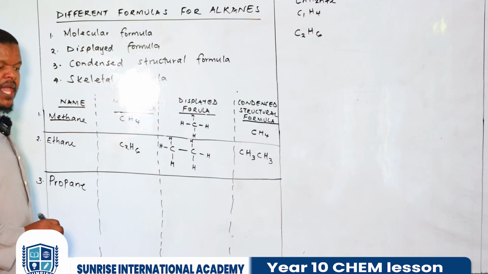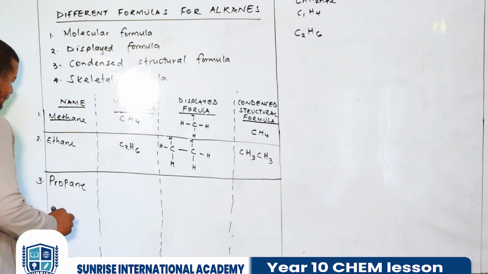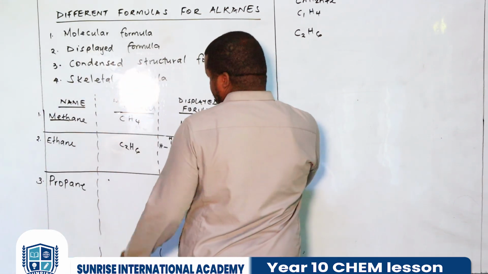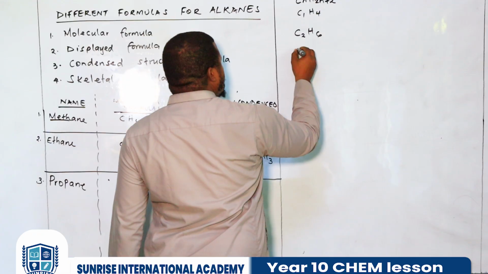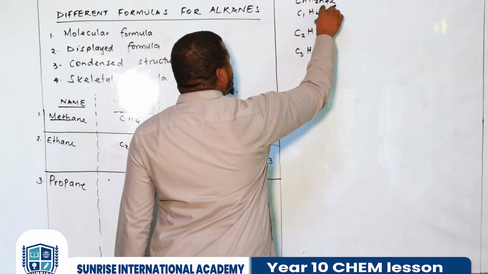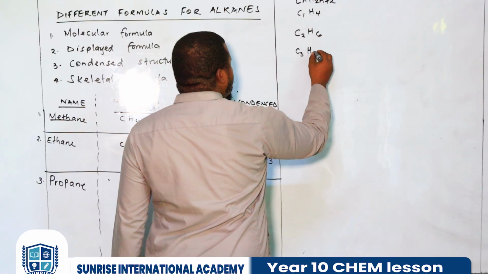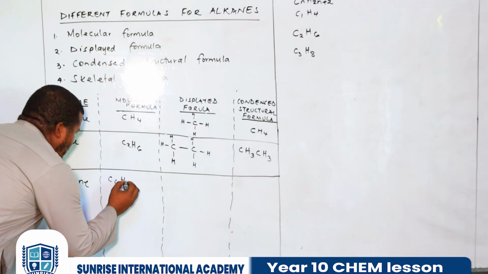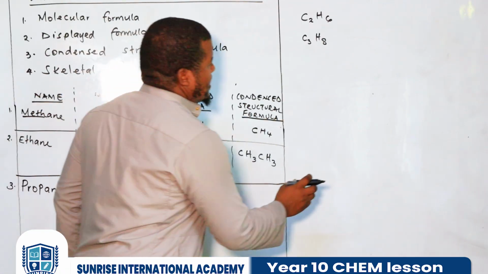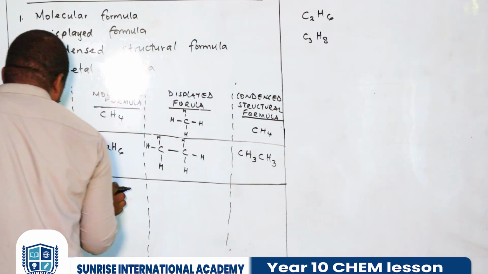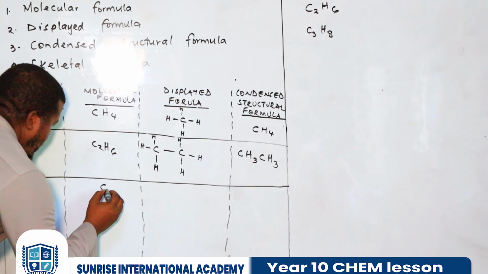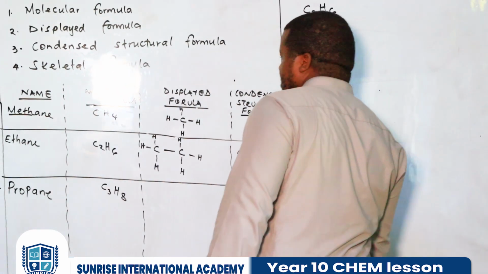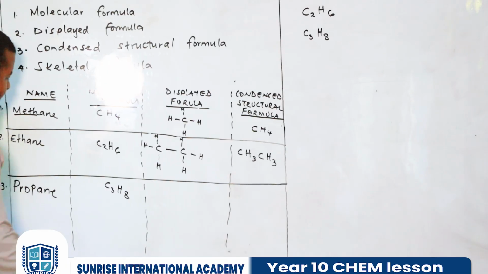So for propane, let's come up with the molecular formula. n is 3, so C3H, 3 times 2, 6, 6 plus 2, 8. So C3H8. There.